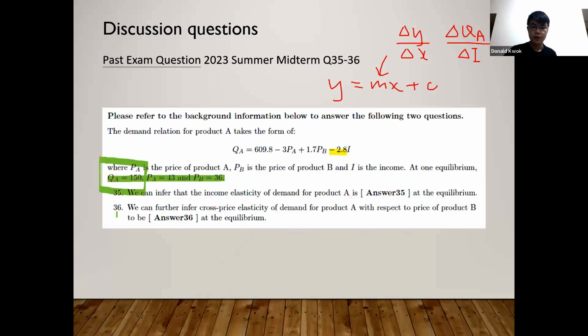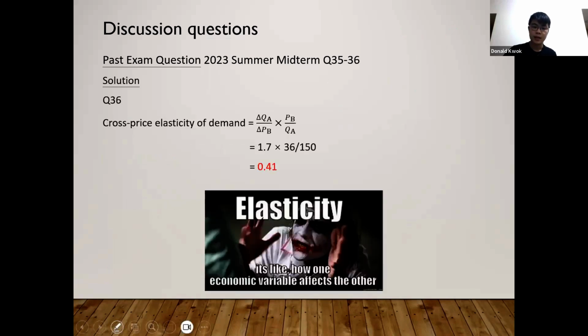And finally, question 36, to calculate the cross price elasticity of demand for good A with respect to the price of product B. It can be calculated as delta QA divided by delta PB times PB over QA. The technique is essentially similar.